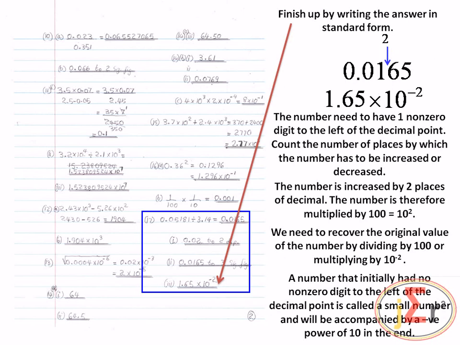The sign of the power is determined earlier on by calling this small, and small accompanied by negative power, because small numbers, we say, do not have any non-zero digits to the left of the decimal point. And also we are saying that this differs from this by 2 places of decimal, so there is our 2.